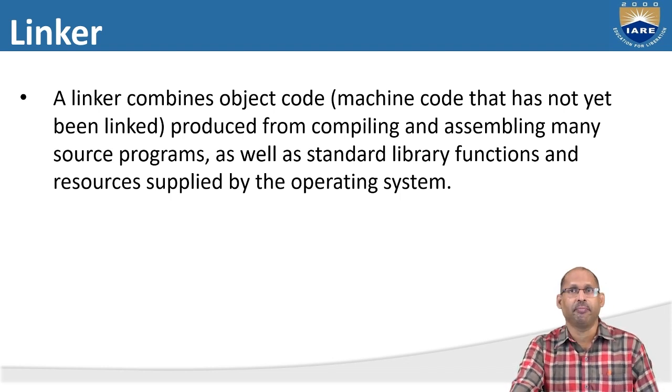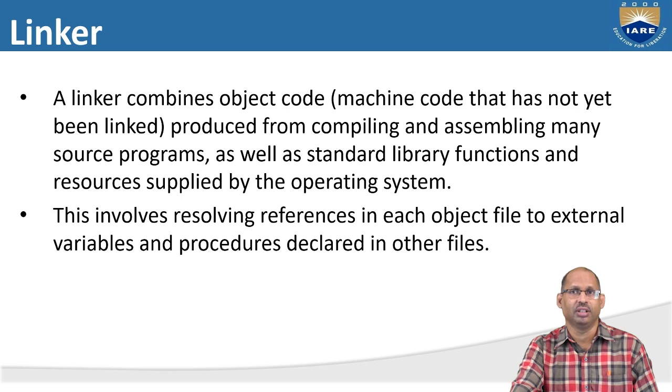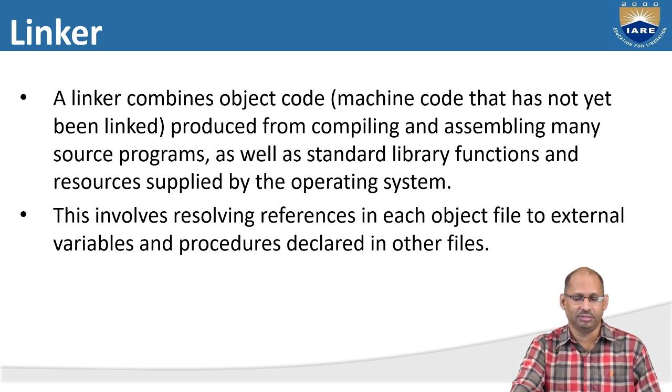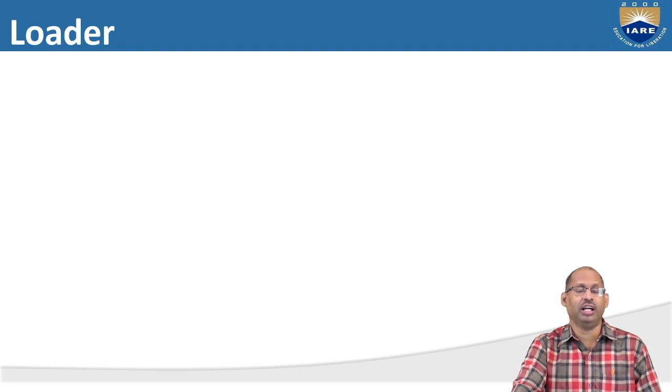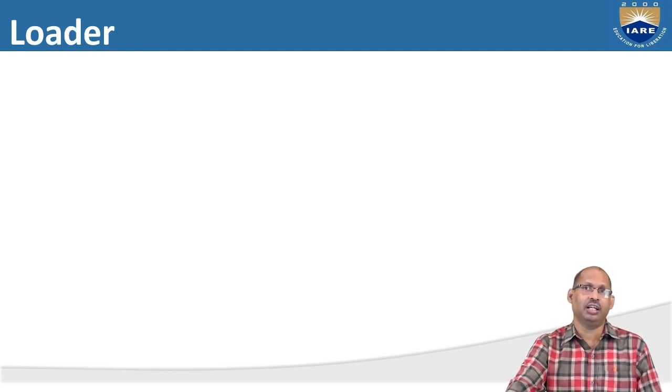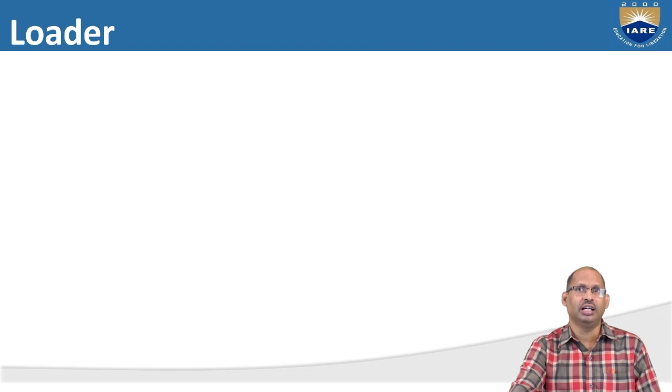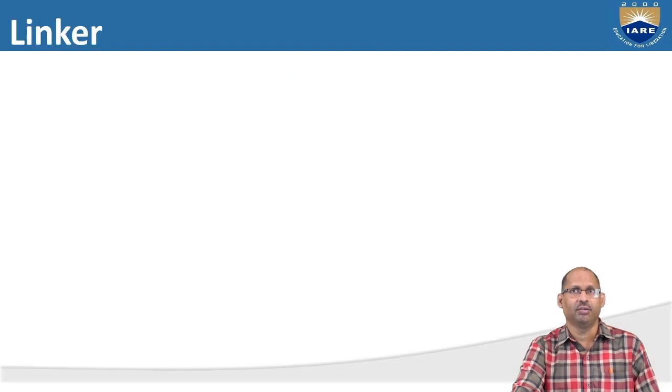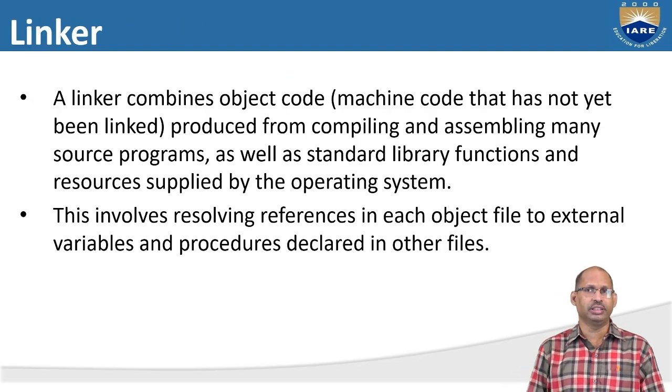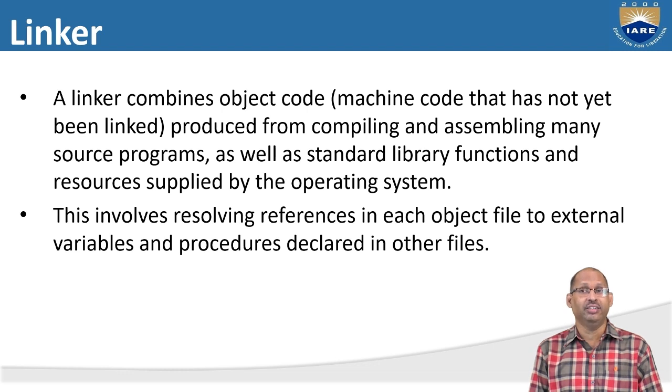This involves resolving the references in each object file to external variables and procedures declared in other files. When we use external variables in our program, with the help of the linker we can connect to those respective files and access the external variables and procedures.